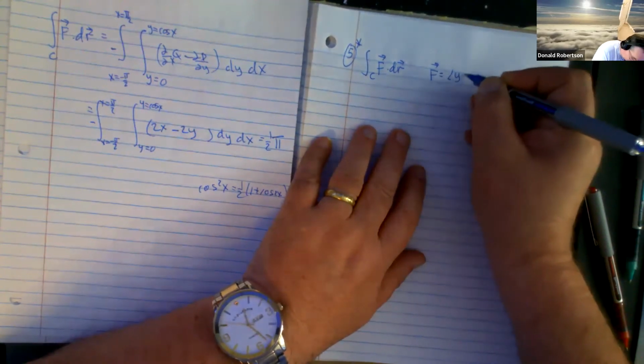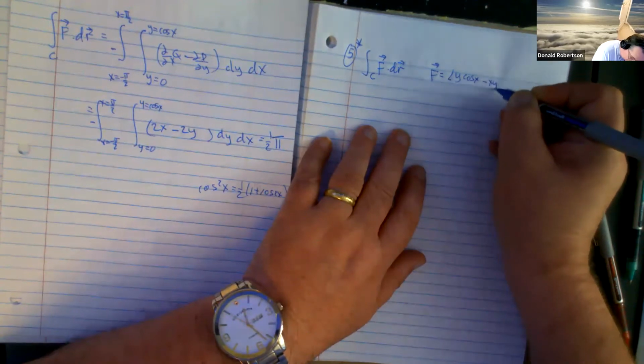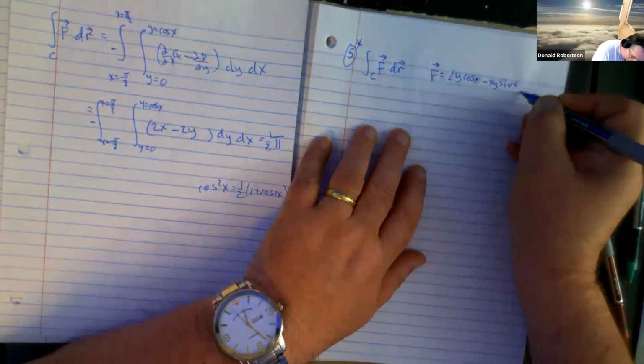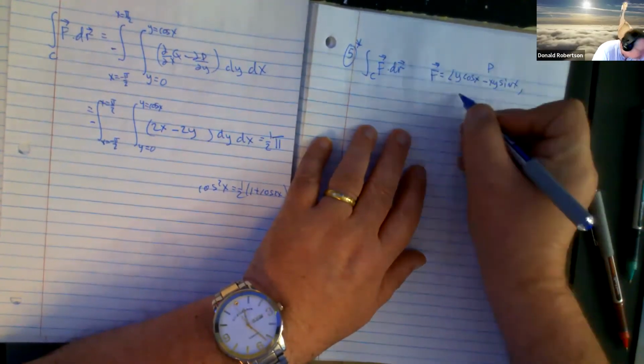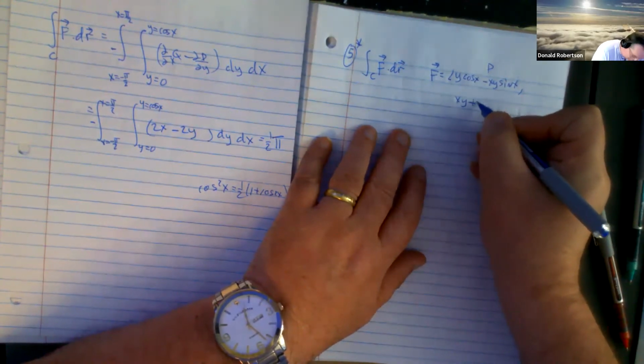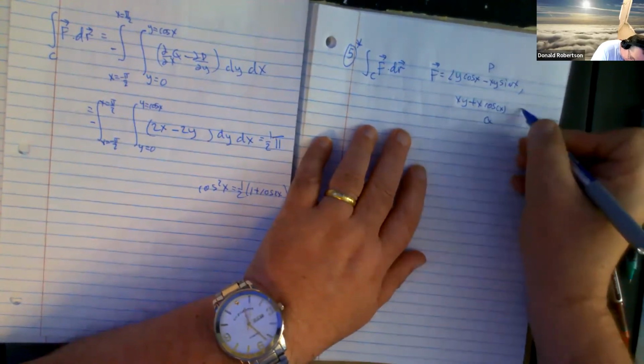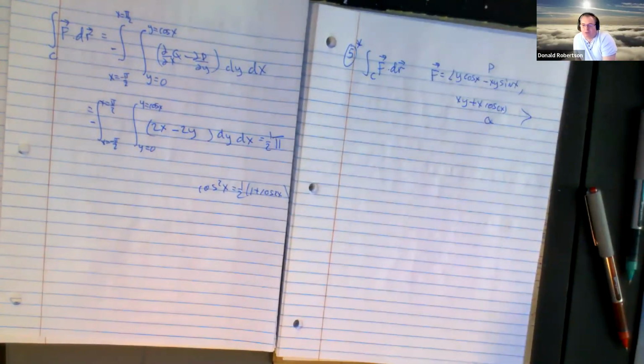This guy is y cosine x, take away xy sine x, and that's just the P bit. And then it's going to be an xy plus an x cosine x, and that's going to be the Q bit. Can you see why I was worried? That is one ugly looking vector function, isn't it?